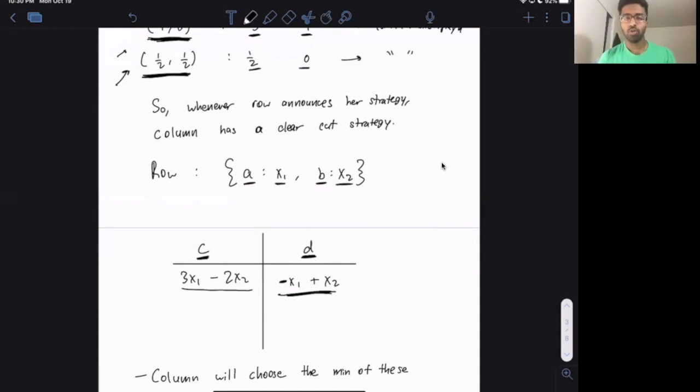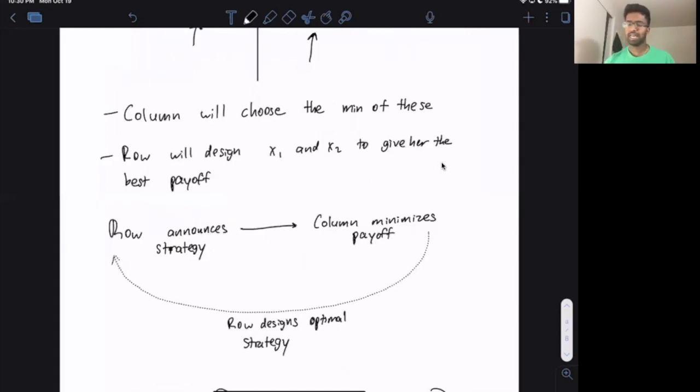And so now what we have to think about is, what is row going to do now, right? Row is then going to design x1 and x2, which is, again, the probability of choosing A and B, to give her the best payoff, right? Okay, so I just want to drive home this point. This is kind of like a diagram explaining the logic of how this works, right?